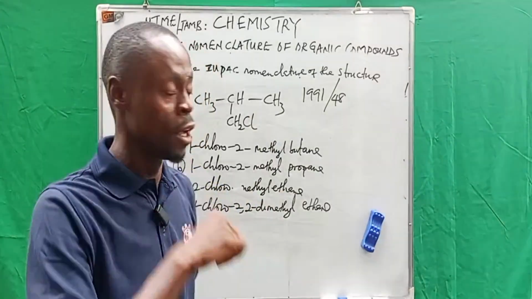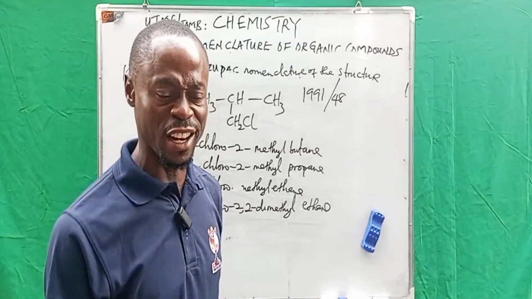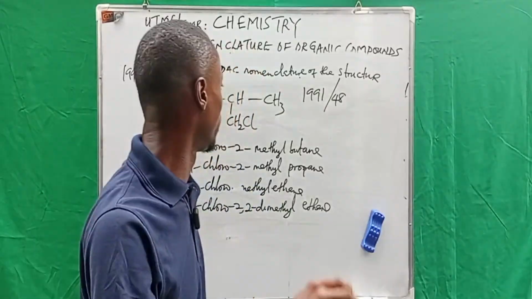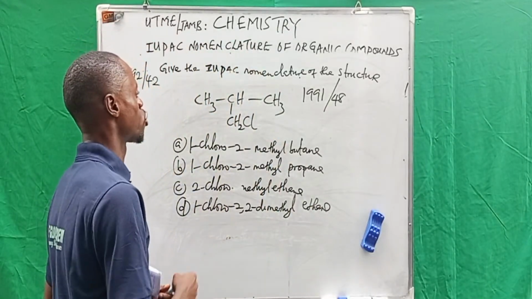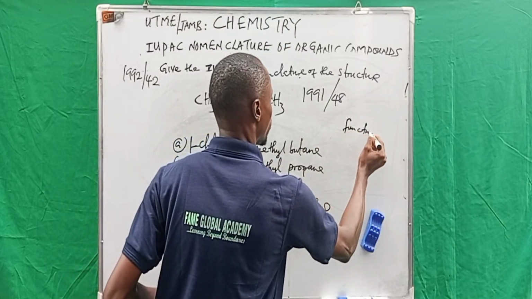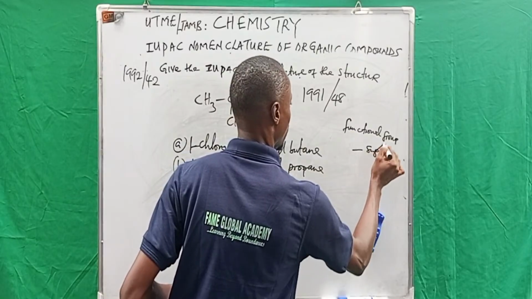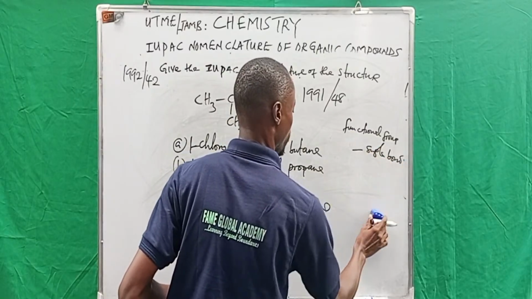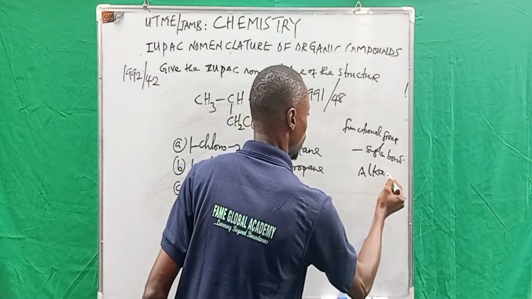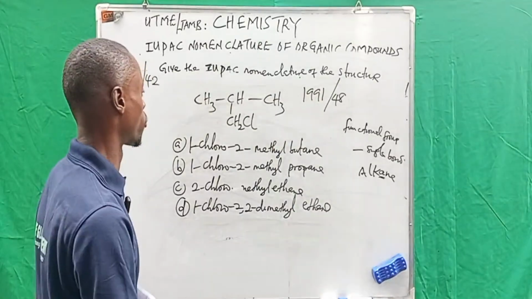And secondly, locate the branch that is in the structure. Is it an inorganic branch or an organic branch? And take note of the position. Then let's look at this structure now. You will agree with me that the functional group in this structure is single bond. And single bond is peculiar, or is a functional group of the homologous family called the alkane. Let's look at the longest carbon from any direction.